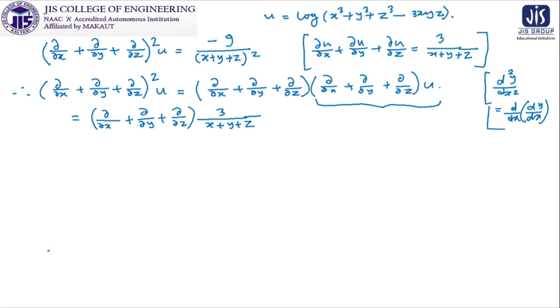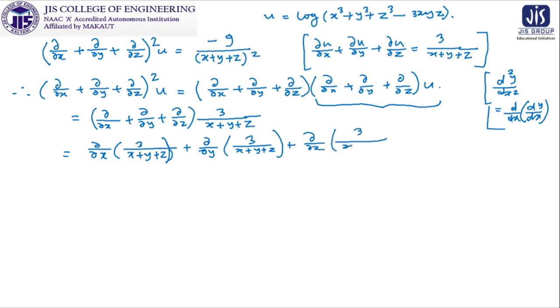So in this manner now we can distribute it as del x on 3 by x plus y plus z plus del y plus del z. Now only one line is remaining, the partial differentiation of each of these.